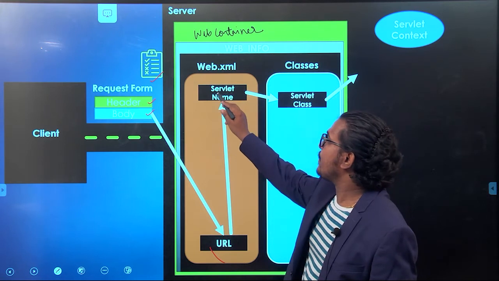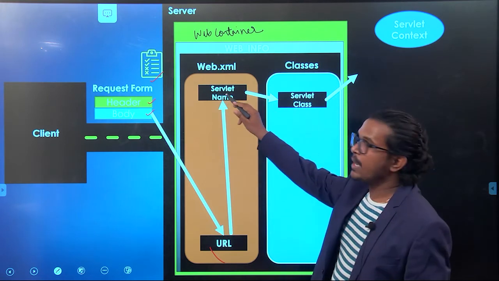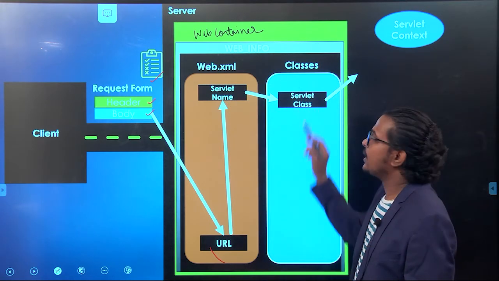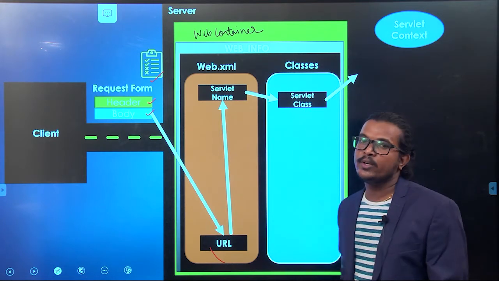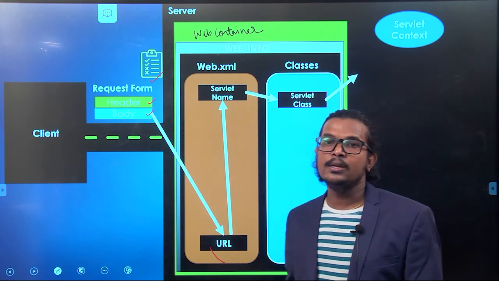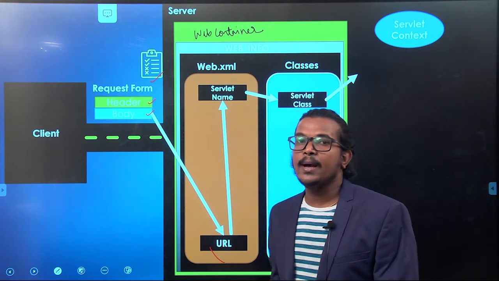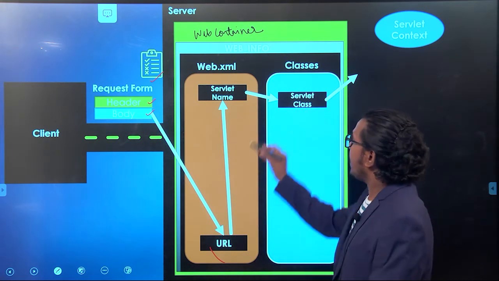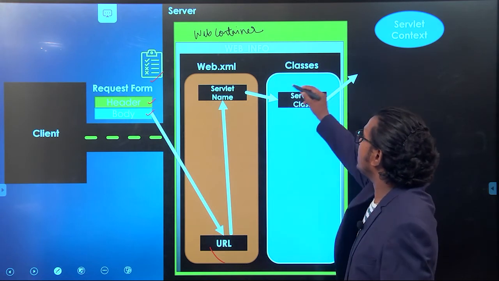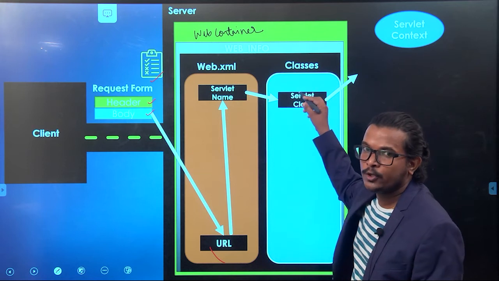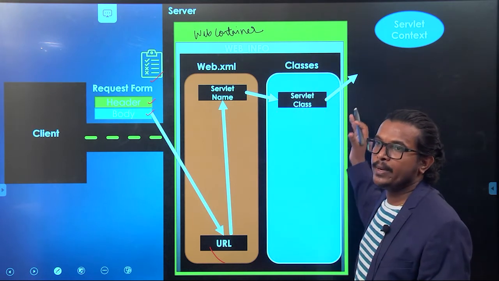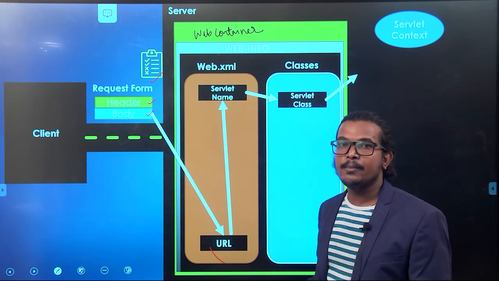And what we are doing is mapping this particular servlet to the class folder. In this particular class folder only we are having all our servlet classes. Now our container will take this particular .class file, or this particular bytecode, and load it into the memory.